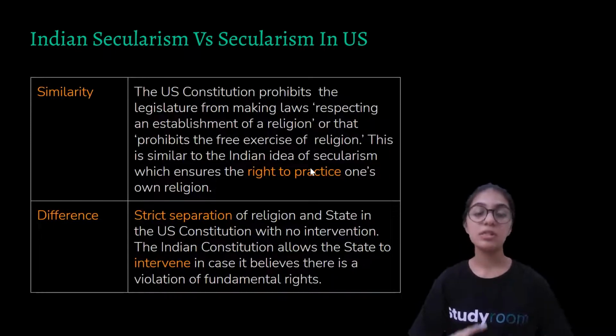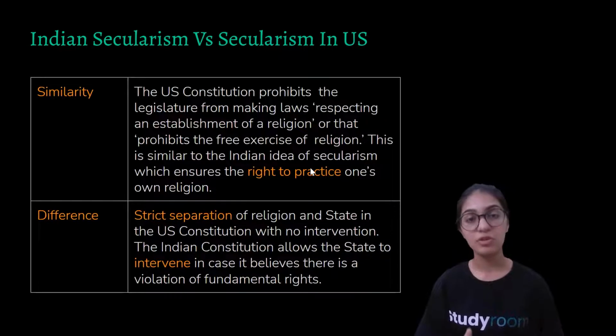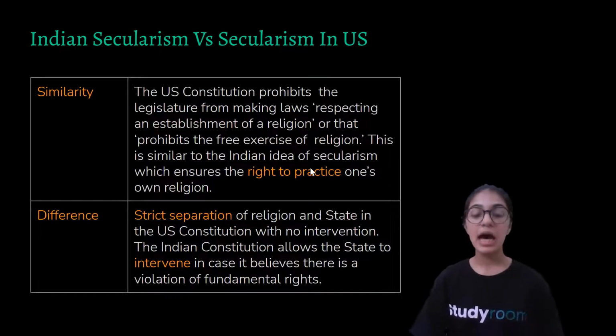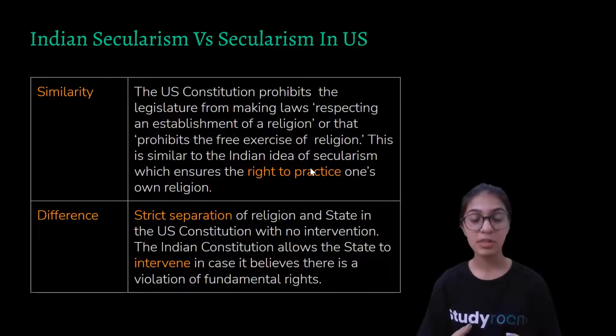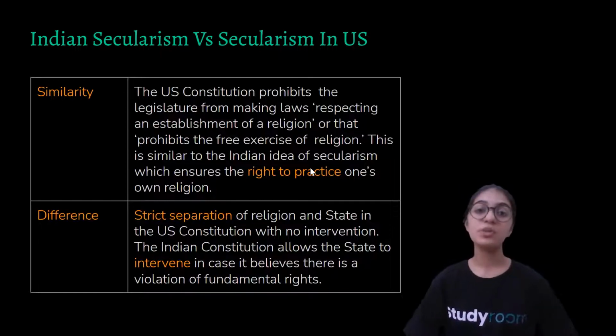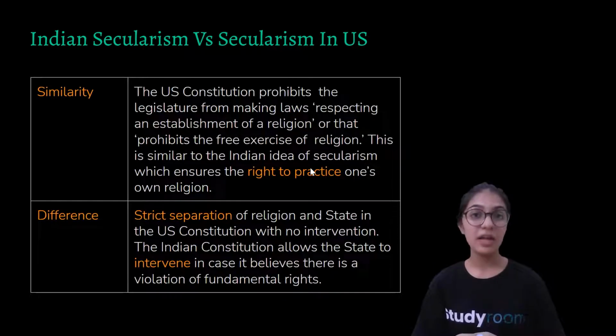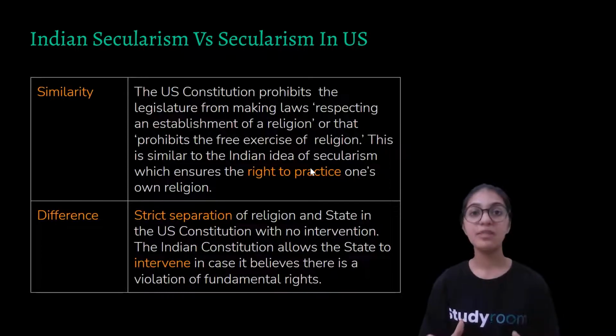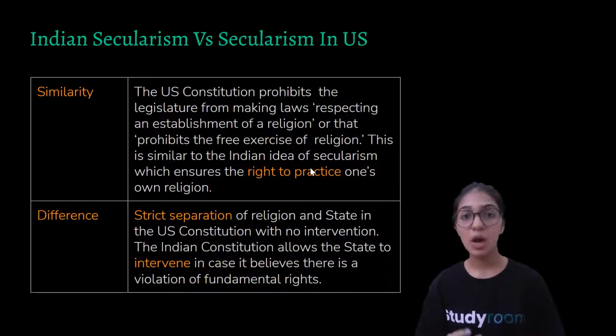This practice happened between members of the same religious community, and the government of India had to intervene since it was discrimination and ill treatment towards members of the same community, and so it banned that practice. So in India, the government is allowed to make such interventions when the fundamental rights of some people are being violated.